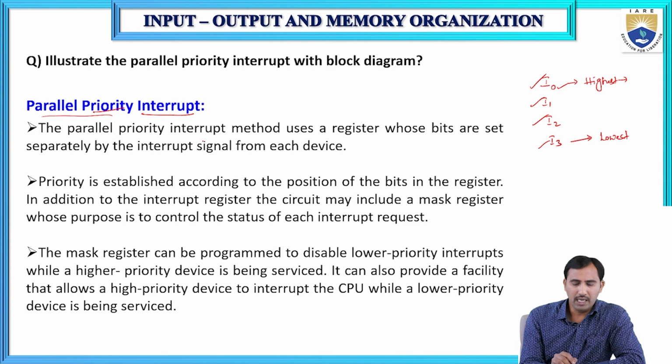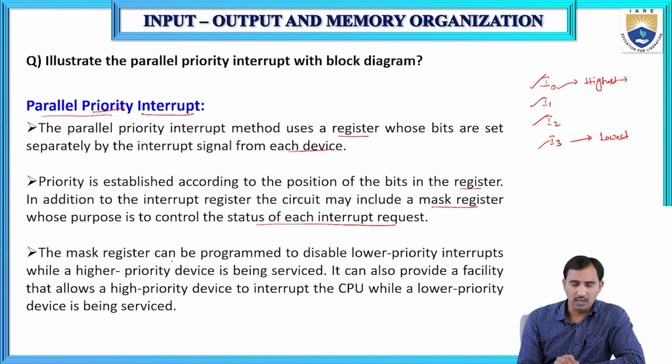The parallel priority interrupt method uses a register whose bits are set separately by the interrupt signal from each device. Priority is established according to the position of the bits in the register. In addition to the interrupt register, the circuit may include the mask register, whose purpose is to control the status of each interrupt request.